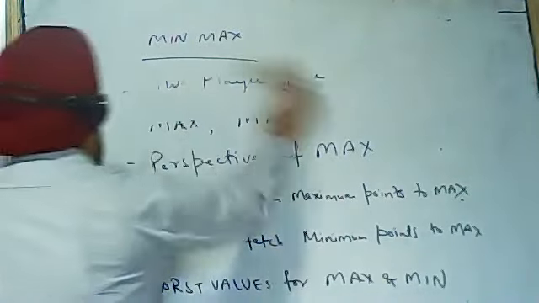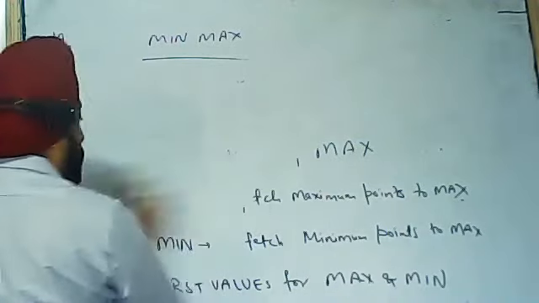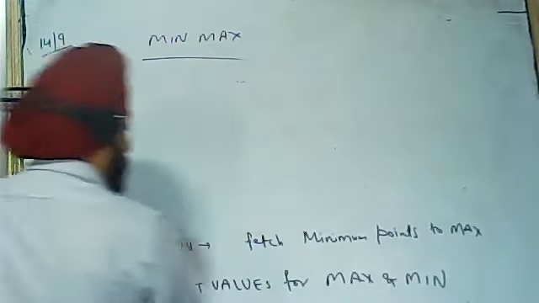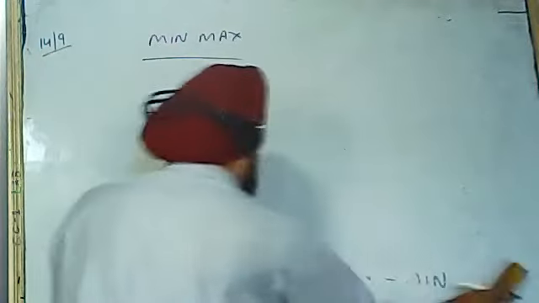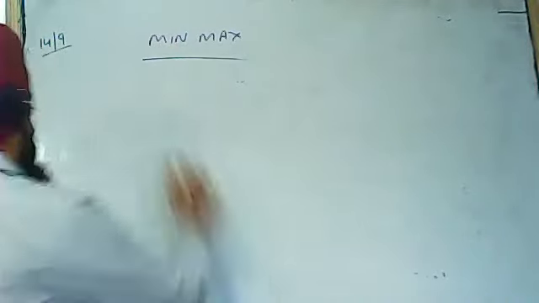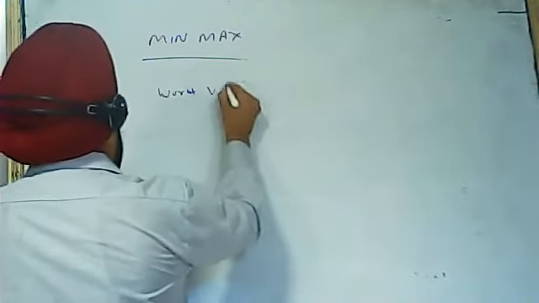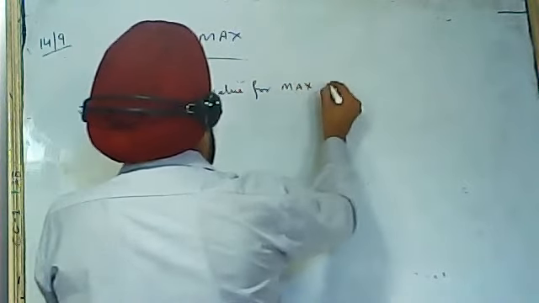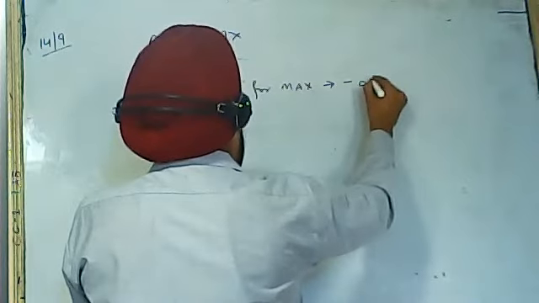Now I will again come upward. The worst value for max is minus infinity.